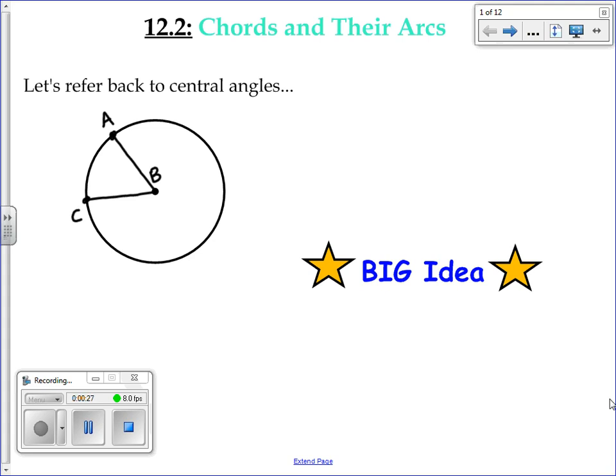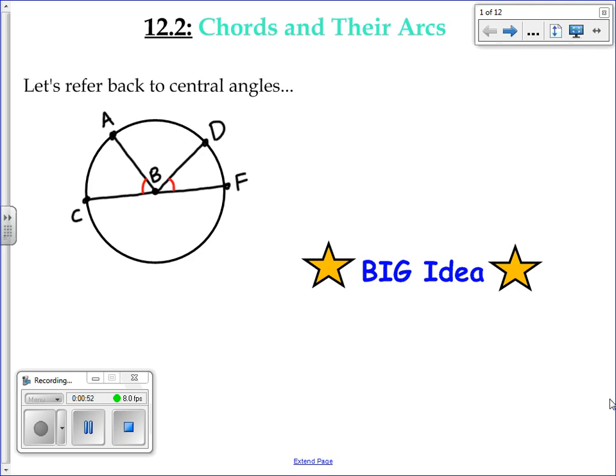Let's say I have another central angle in the picture. Let's also give it a name. Let's call it DBF. All right, so let's say I give you that these central angles are congruent.